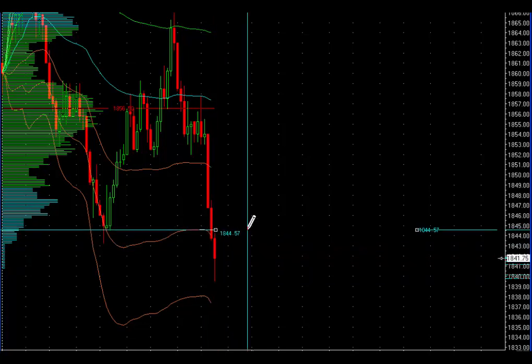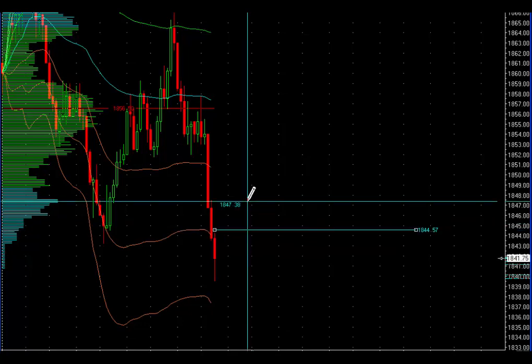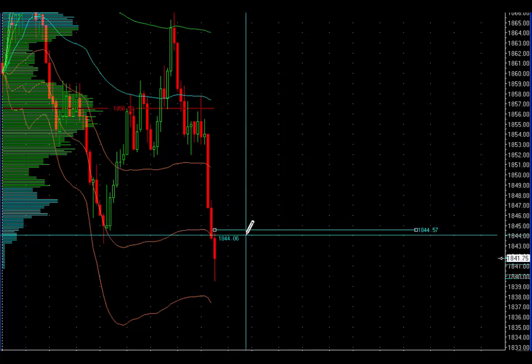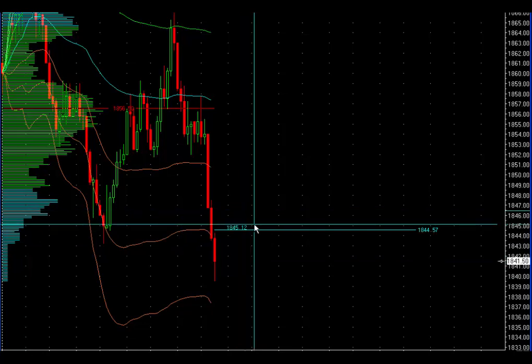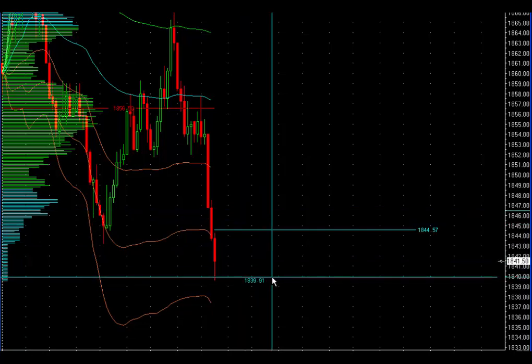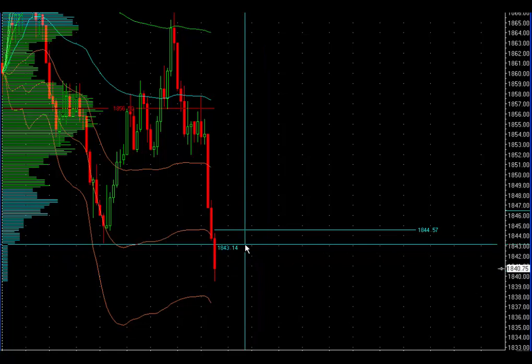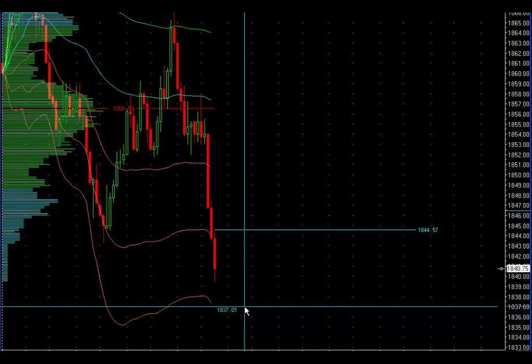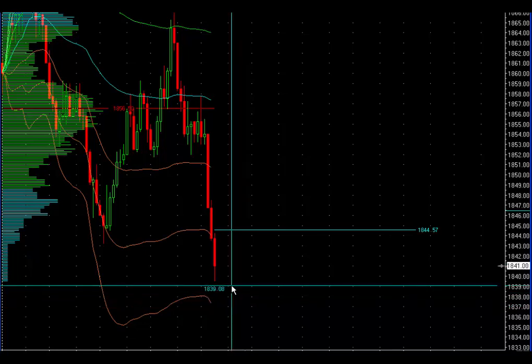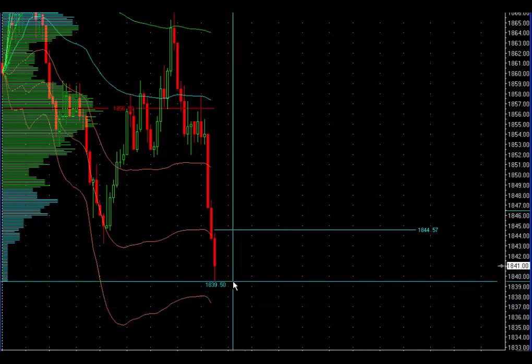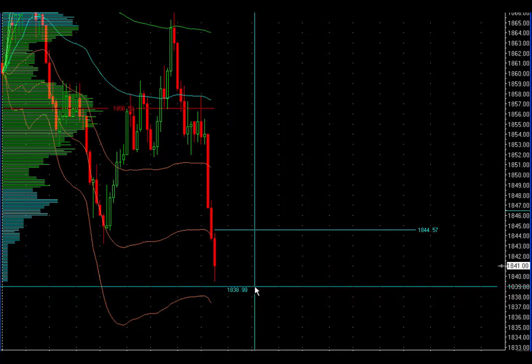In that case, we want a bar that's going to exceed 1844.50. And if we don't get that bar, then it means that the market's going to continue to head down even further. So we'll just sit here and wait.